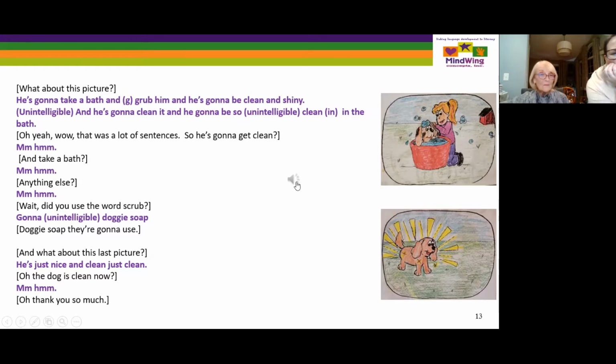What is the third picture? Okay, you can take this right after. Okay, we're almost done. What about the third picture? Oh, yeah, so this is water. He's gonna take a bath. And there's doggy soap? Is that what you said?